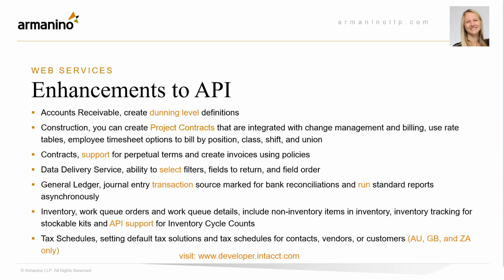You have journal entry transactions within the GL, some API support for inventory cycle counts, and stockable kit tracking, and then you have tax schedules, setting default tax solutions and tax schedules for contracts, vendors, and customers in the listed currencies. And for more information, there's the Developer Intacct website to check out.